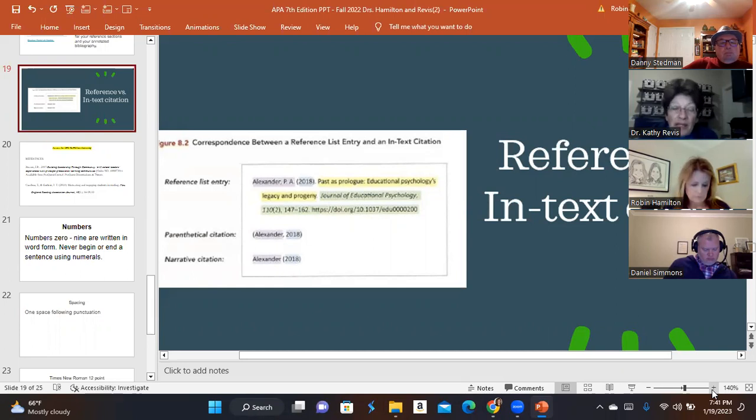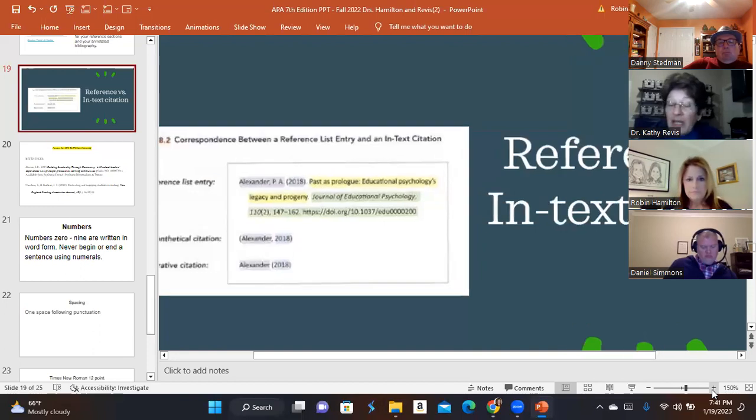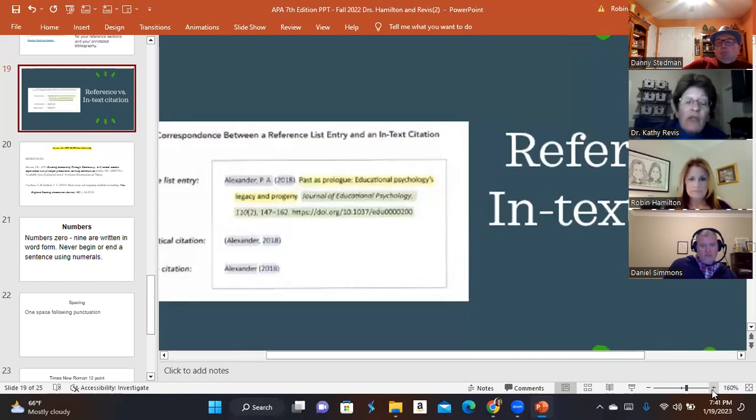Now, notice that the next phrase is highlighted in yellow, and I'm sorry, it's blurry to me, but I have old eyes, so just excuse me. The yellow highlight would be the title of the article.